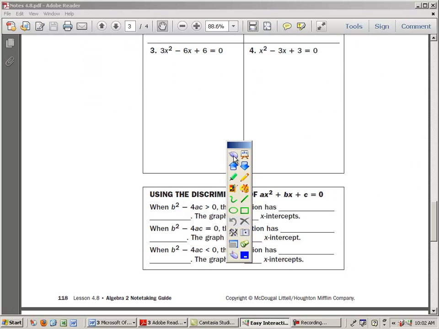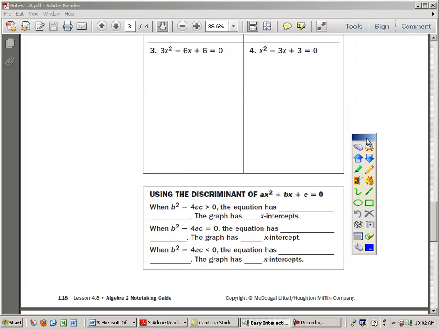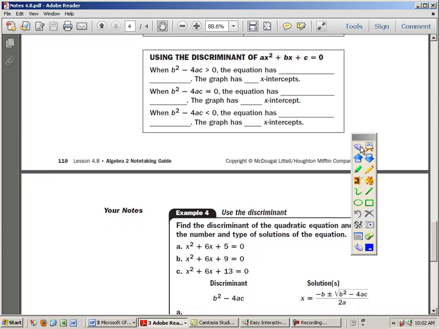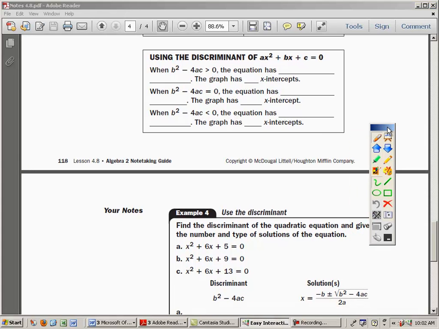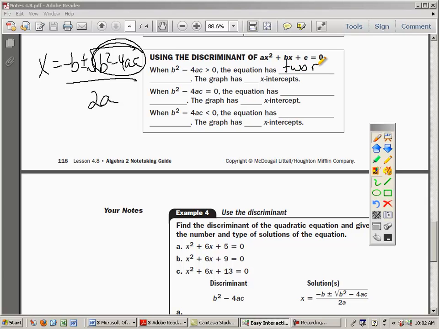All right, so our last order of business then is to talk about this idea of the discriminant. And the discriminant kind of comes from the pictures we've just been talking about. We said if this b squared minus 4ac in the quadratic formula, x equals opposite b plus or minus the square root of b squared minus 4ac all over 2a, this part under the radical sign, if that number happens to be positive, when b squared minus 4ac is greater than 0, that means that I'm going to have 2 real solutions.